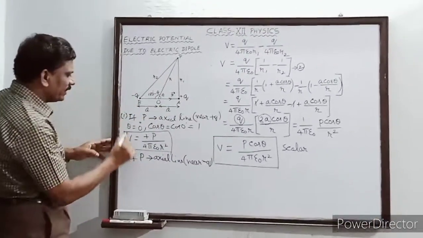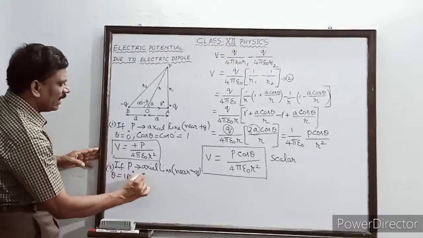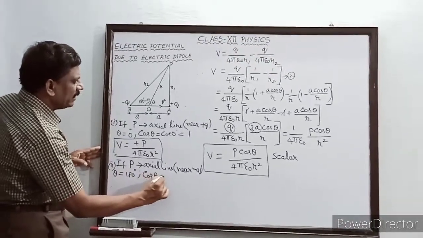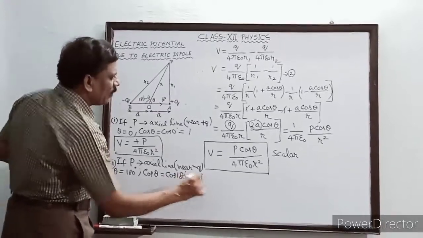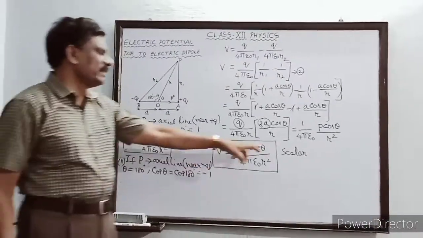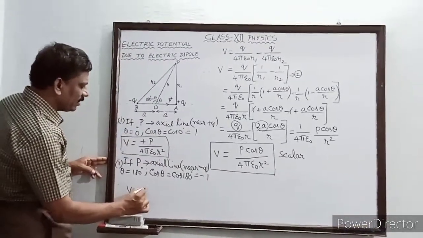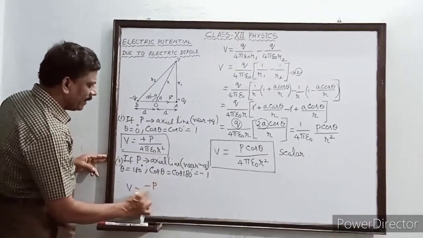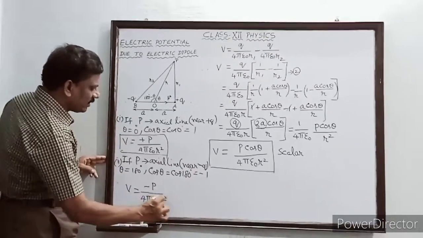Theta is equal to pi radian, that is 180 degree, and cos theta is equal to cos 180, that is equal to what? Minus 1. So cos theta is equal to minus 1. If you substitute, therefore V is equal to minus small p divided by 4 pi epsilon naught r square.